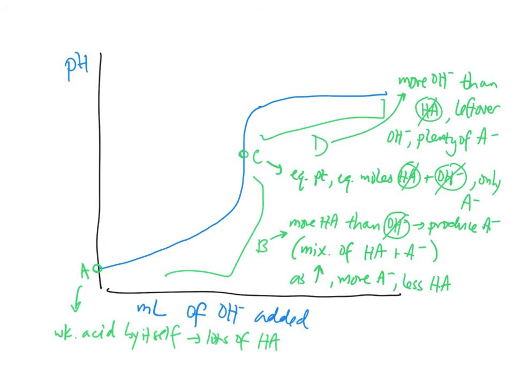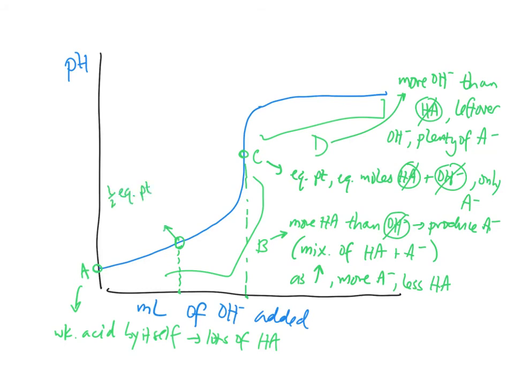One last thing before we move on from this curve and talk about a different one. There is an interesting point somewhere in region B, which is halfway to the equivalence point. So whatever volume gets us halfway to the equivalence point, this is the half equivalence point.